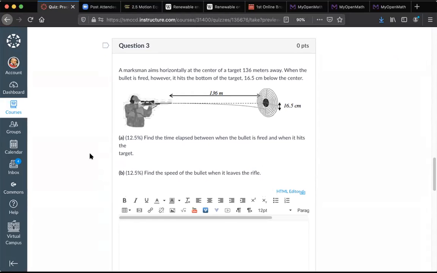But when the bullet is fired, it hits the bottom of the target, which is 16.5 centimeters below the center. They have a nice little picture here so you can see. For starters, they want you to figure out the amount of time it takes from when the bullet is fired until it hits the target, taking into account that it doesn't hit the dead-on bullseye, but hits down here.